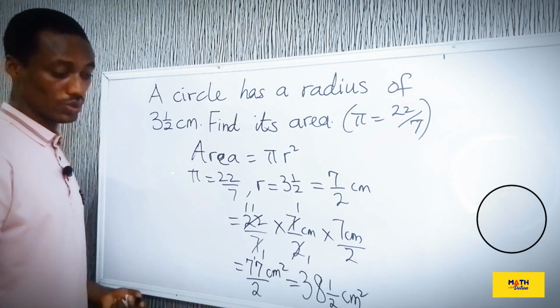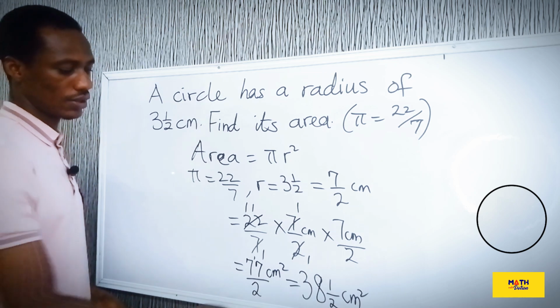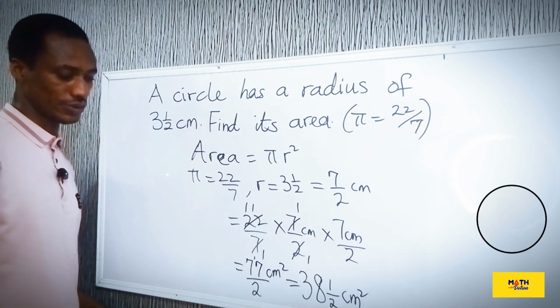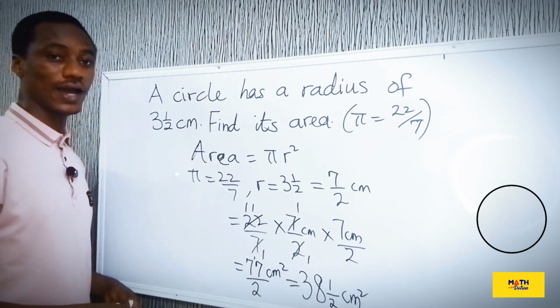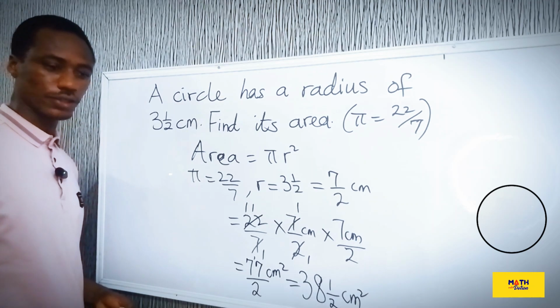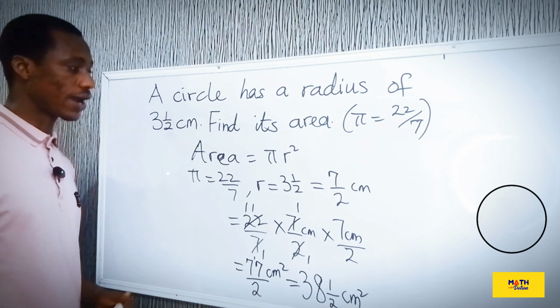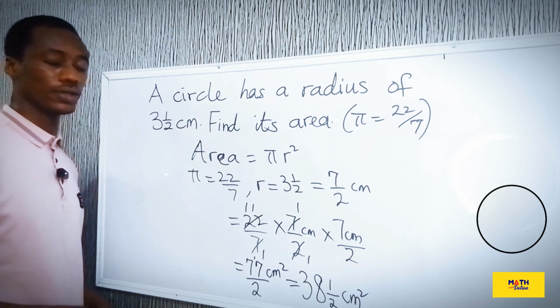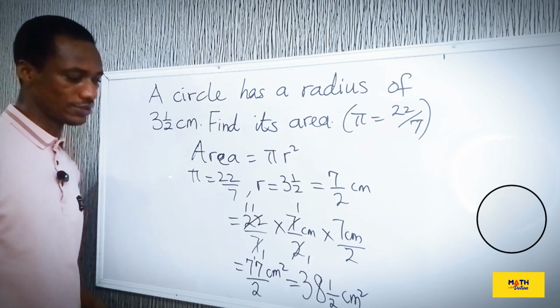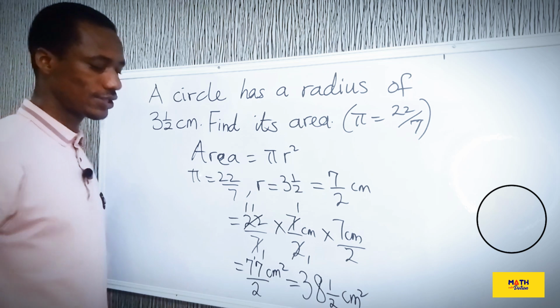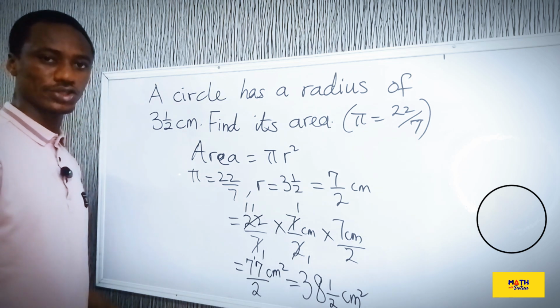You can also write it as a decimal. 1/2 is 0.5, so that will be 38.5 centimeters squared. So the area of a circle with a radius of 3.5 centimeters is 38.5 centimeters squared.